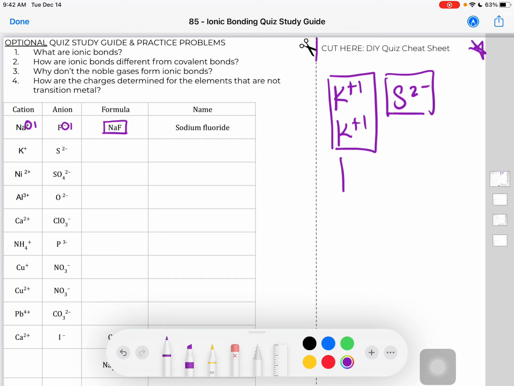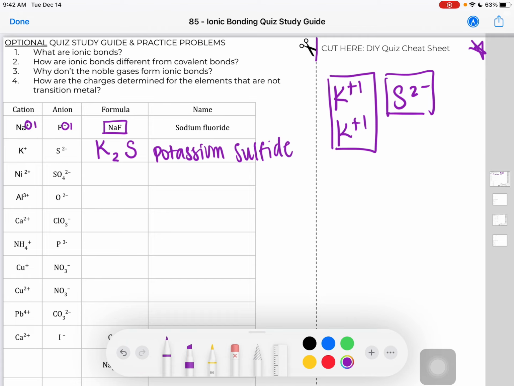So here is a +2 charge, and on the right is a -2 charge. Because there are 2 potassium, I'll put a little 2 as a subscript. And there's only 1 sulfur, and that's just 1. The name is just potassium sulfide.